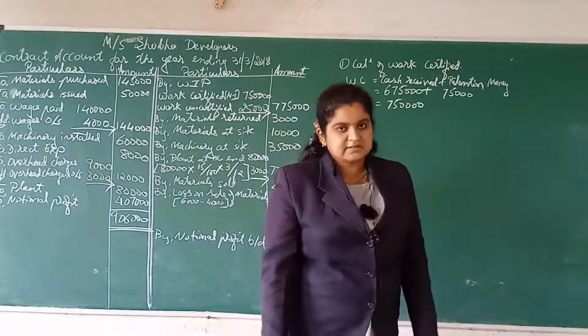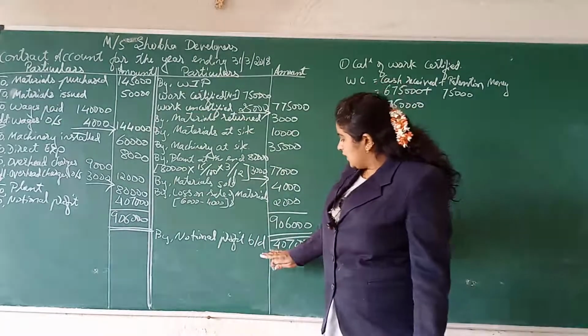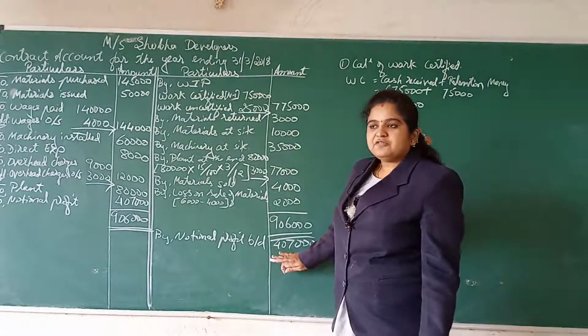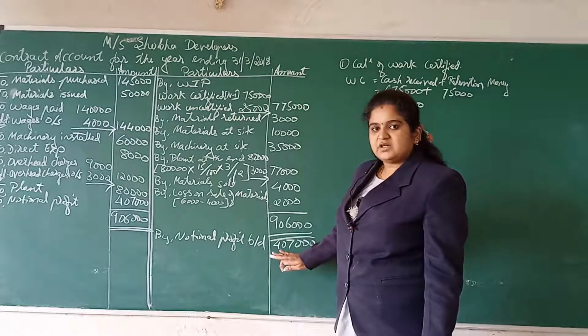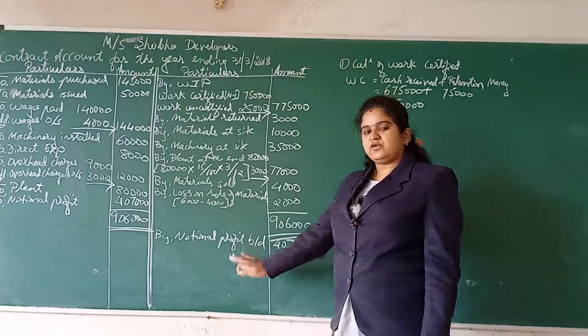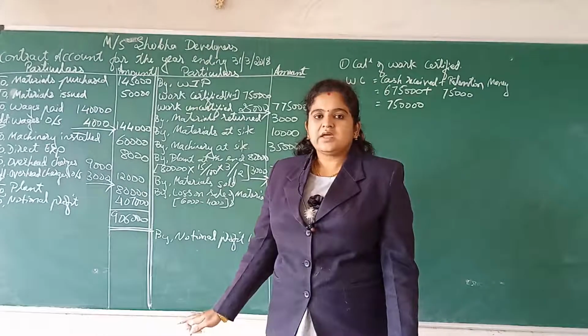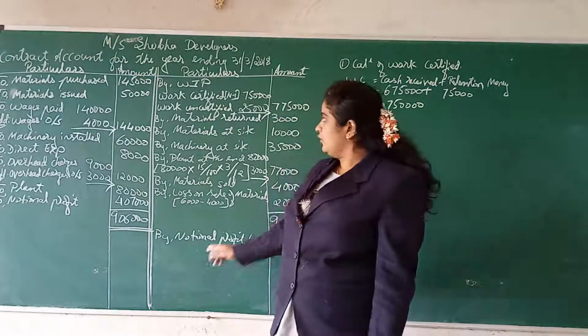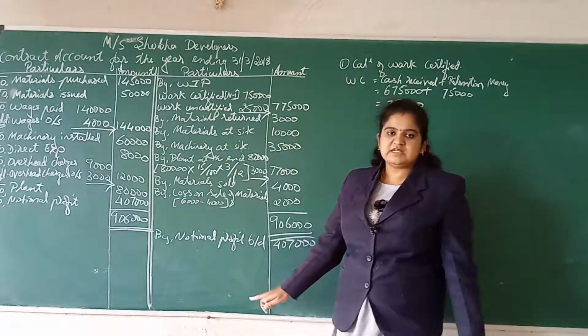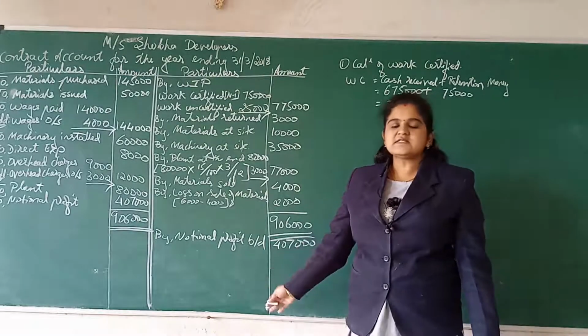Okay. Now next thing is what? Whatever profit we have got, notional profit, out of this profit some amount will be transferred to profit and loss account. Okay, so for that we will have to find out how much percentage of work or contract is completed.